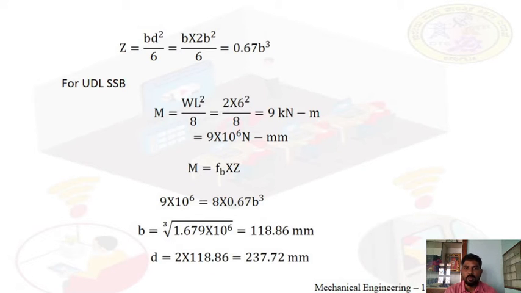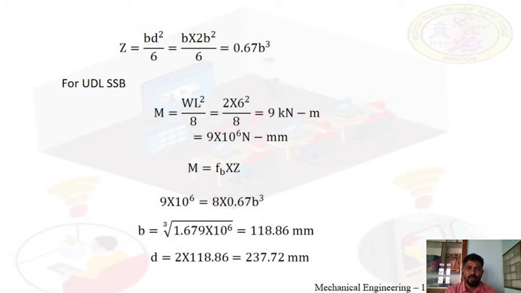Then we know for a simply supported beam with UDL, the moment M is equal to w l square by 8. W is given, load 2 into L 6 meter span, 6 square by 8, that is equal to 9 kilonewton meter. Convert that into mm, because the breadth and depth will be given in mm.